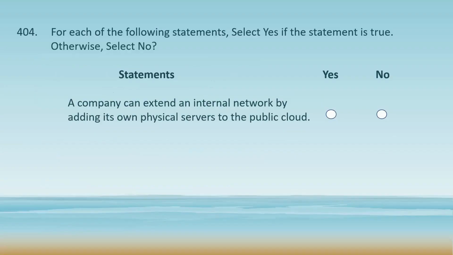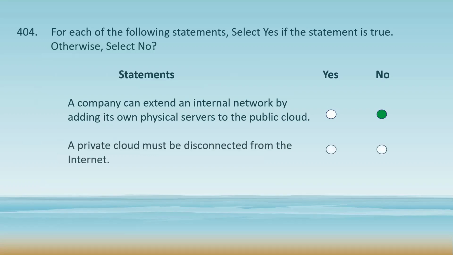The first statement is: a company can extend an internal network, its own physical servers, to the public cloud. This statement is incorrect. You can extend a private cloud by deploying virtual servers in a public cloud, but you can't add physical servers to the public cloud. The next statement is: a private cloud must be disconnected from the internet. This is also an incorrect statement.